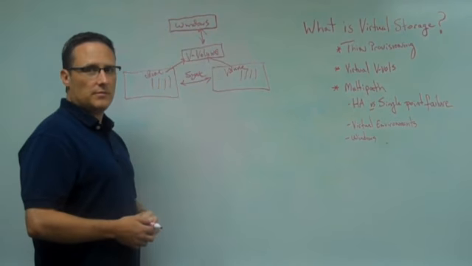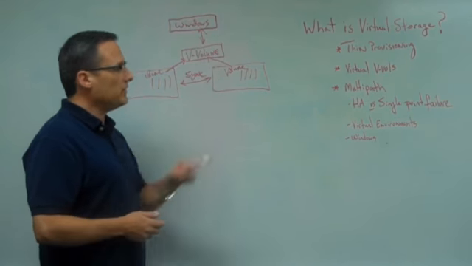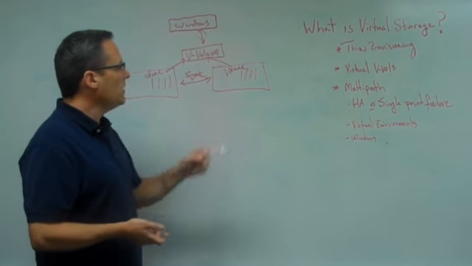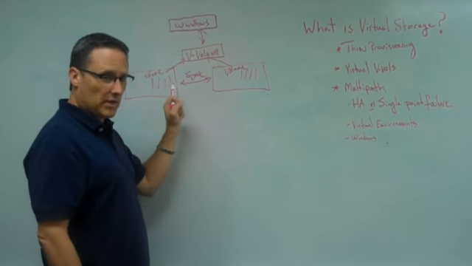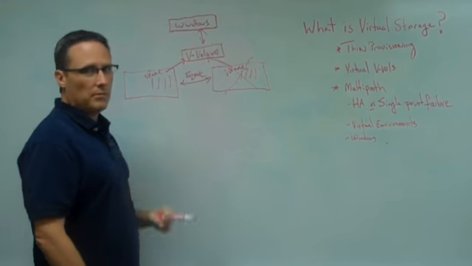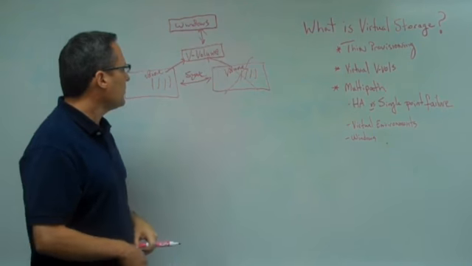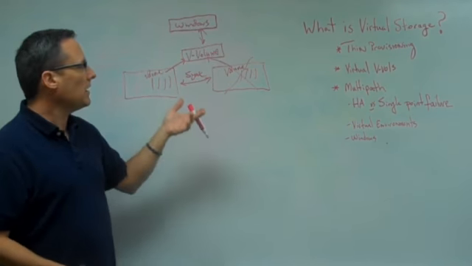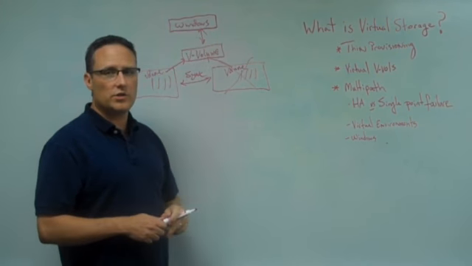The operating system does not have any idea that it's actually being backed by two SANs with volumes on each one. They're synchronously replicated, they're highly available. You lose one server, no problem, the other one takes over. So that's the concept of a virtual volume and how it relates to virtual storage.